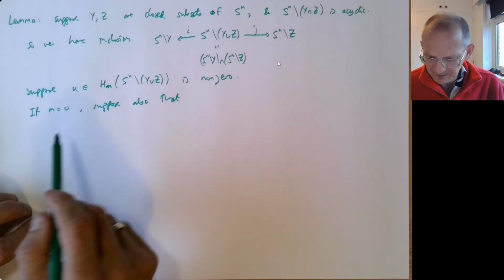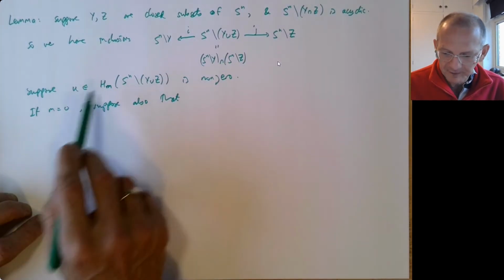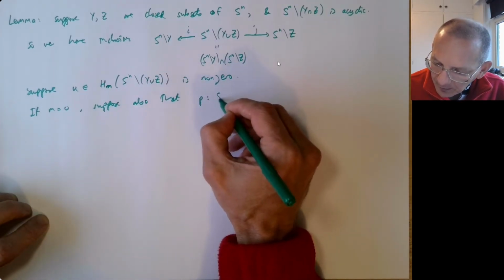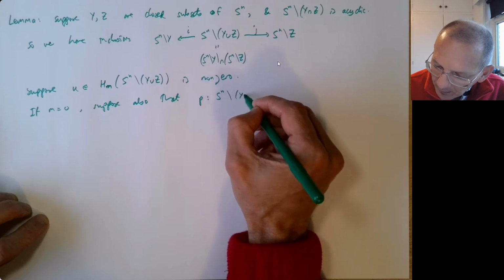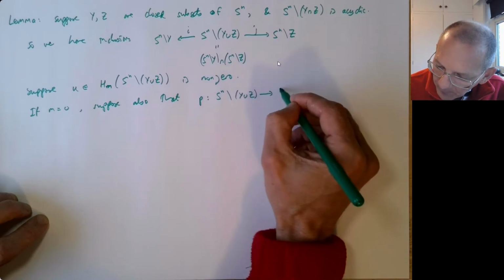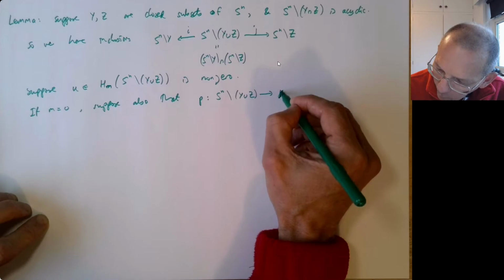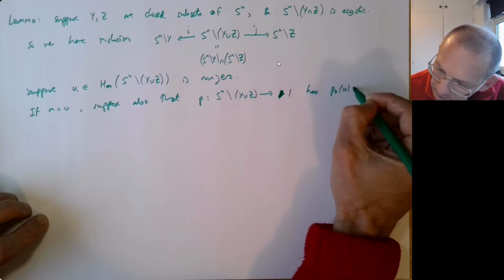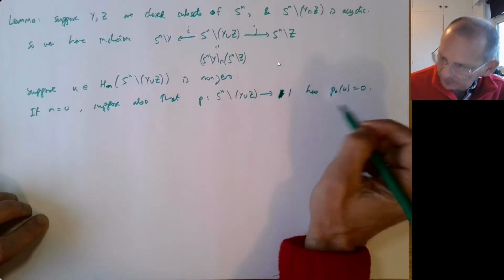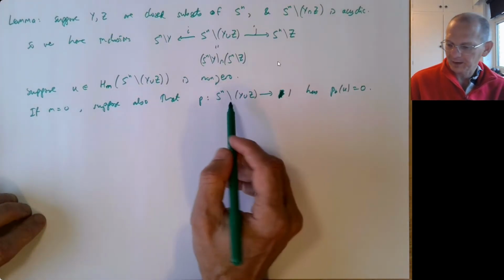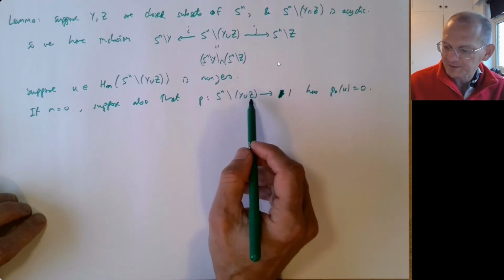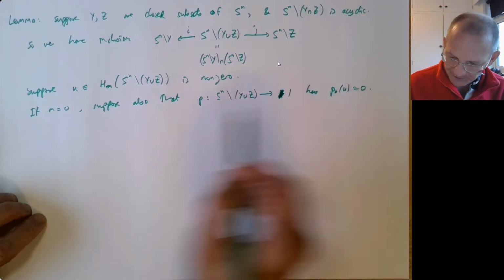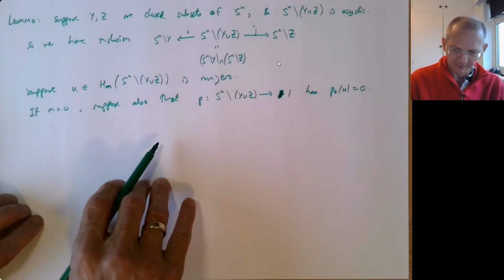And then a little additional point for the case n equals 0: I'm going to suppose that if you've got the constant map p from S^n less Y union Z to a single point, and you apply p lower star to this class u, I'm going to assume that's 0.